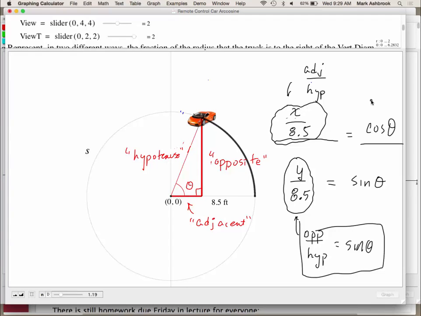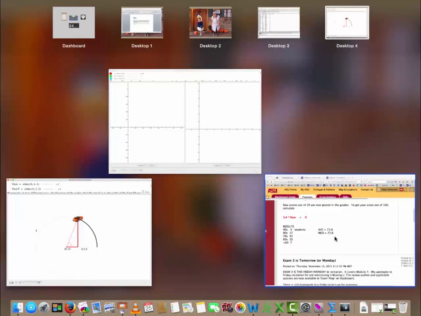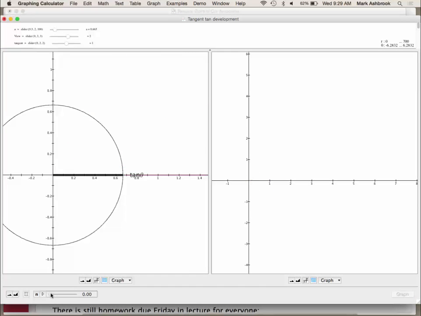Okay, so let's go back and look at tangent. For tangent, notice, what is tangent?